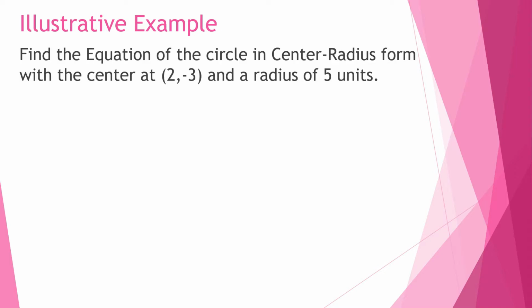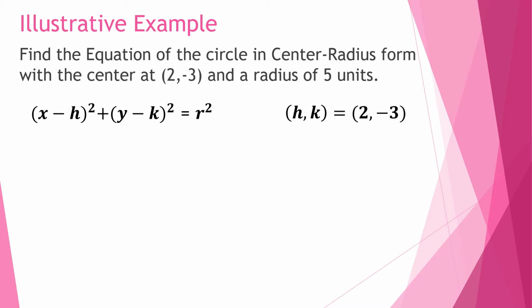So now let's try to use that equation to find the equation of a specific circle. Let's find the equation of a circle in center radius form with the center at 2, -3 and a radius of 5 units. So the equation of a circle in center radius form is x minus h squared plus y minus k squared equals r squared. So all we have to do is to identify our h, k, which is our given 2, -3, the center of our circle, and r, which is 5.